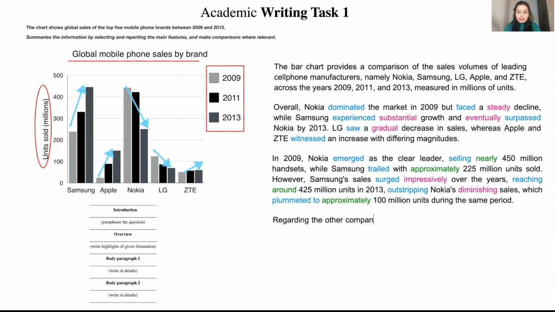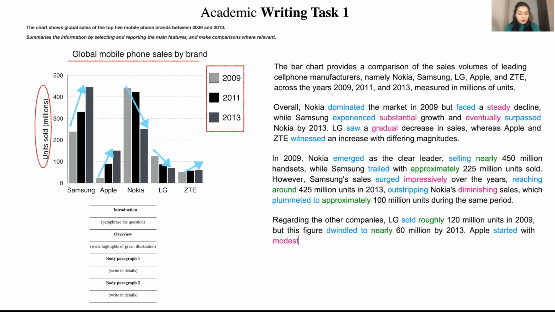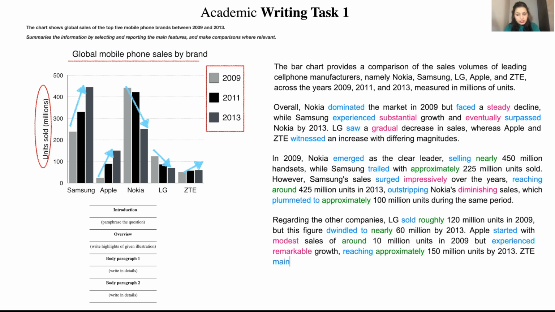Regarding the other companies, LG sold roughly 120 million units in 2009, but this figure dwindled to nearly 60 million by 2013. Apple started with modest sales of around 10 million units in 2009, but experienced remarkable growth, reaching approximately 150 million units by 2013.